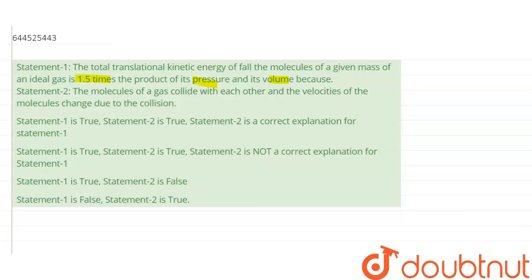So let's check statement 1. In statement 1 they are saying that the kinetic energy is 1.5 times the product of P and V. Now the translational kinetic energy according to the kinetic theory of gases is given by the formula 3/2 nRT, where n is the number of moles, R is the gas constant, and T is temperature. Now from the ideal gas equation I know that PV equals nRT.